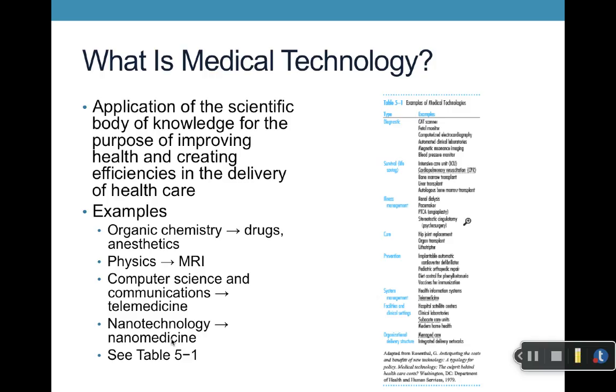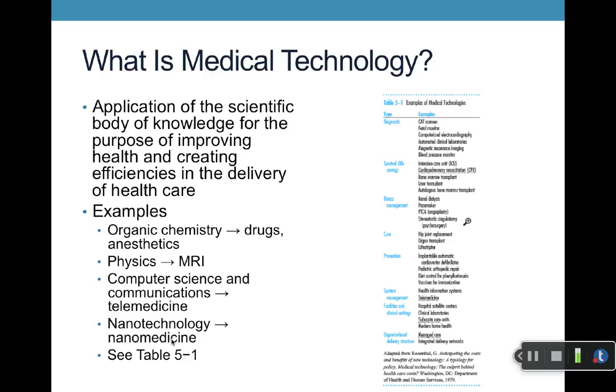In the textbook, you see a wide range of examples, including things like medical devices, like hip joint replacements. What you also see are diagnostic tests and machinery like CAT scans, blood pressure monitor systems. So it's any kind of scientific body of knowledge that is being applied to improving and creating greater efficiency in the delivery of healthcare.